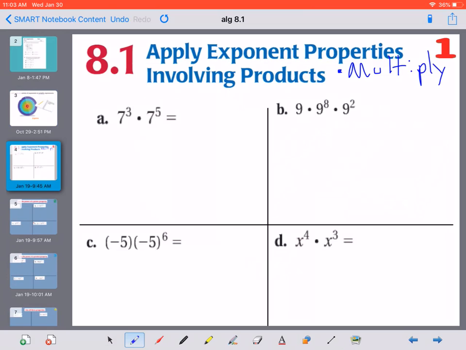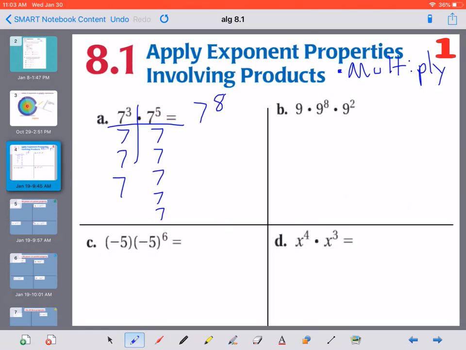What that is saying is that we have 3 7s on this side, 7 times 7 times 7, and 5 7s on this side. So if we count those up, 1, 2, 3, 4, 5, 6, 7, 8, we have 7, 8 times. That's all I want you to do.